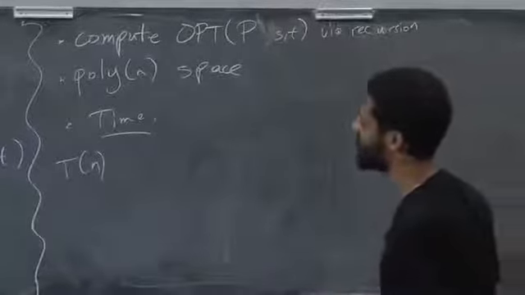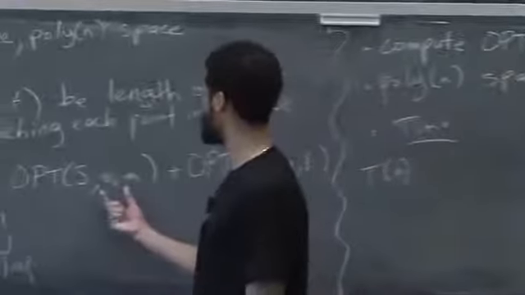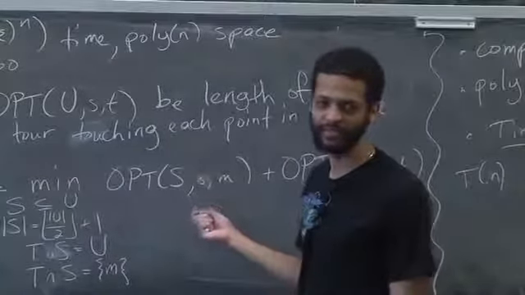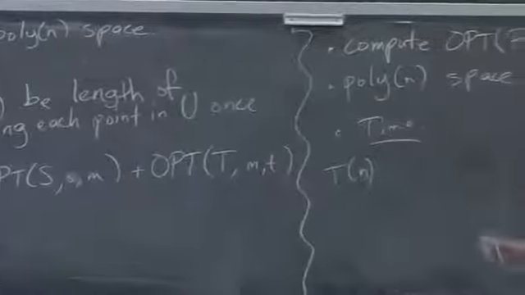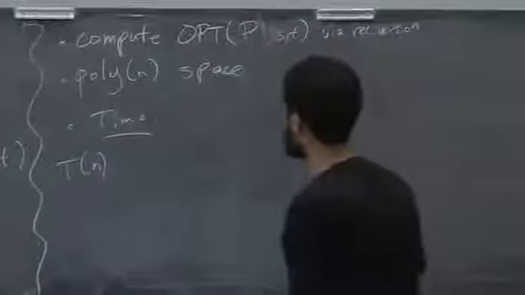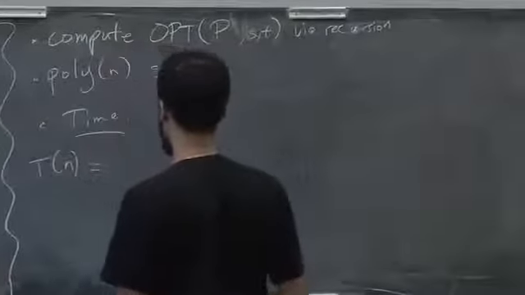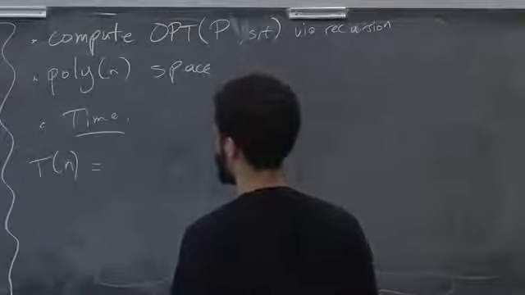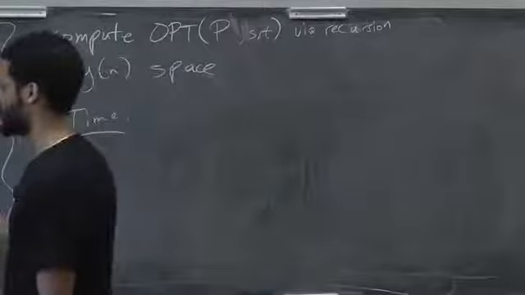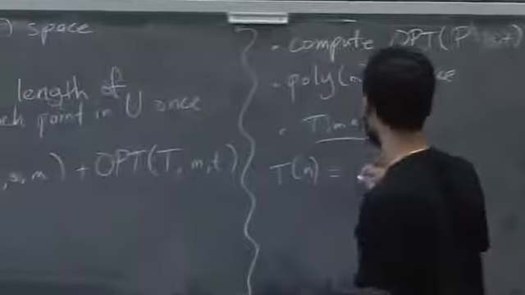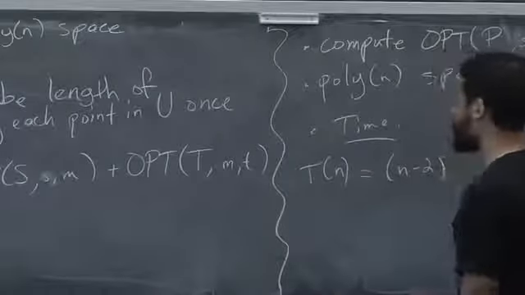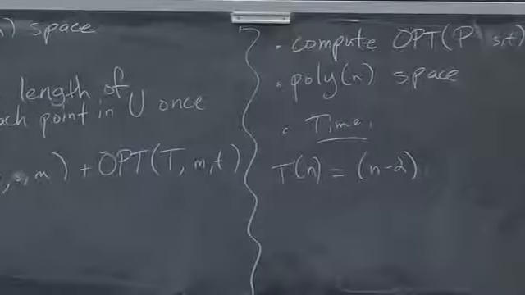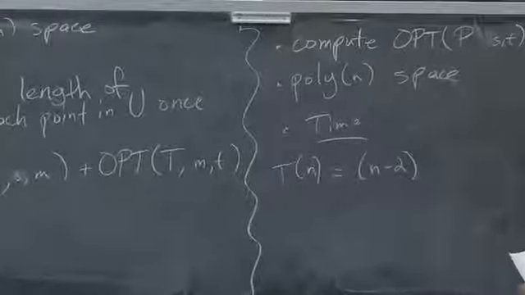The base case is when it's trivial, where basically S is only the point M, or only the points S and M. So T of n: well, we have to pick M, so there are n minus 2 choices to pick M. And then we have to pick capital S as well.